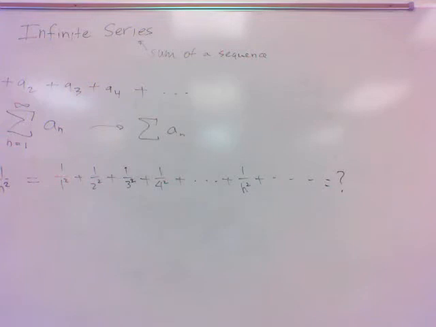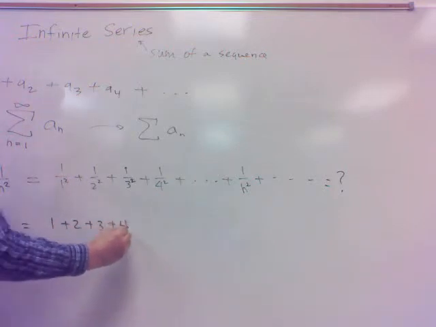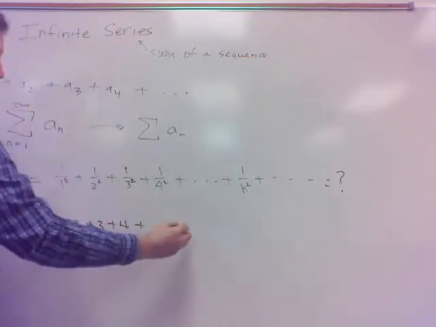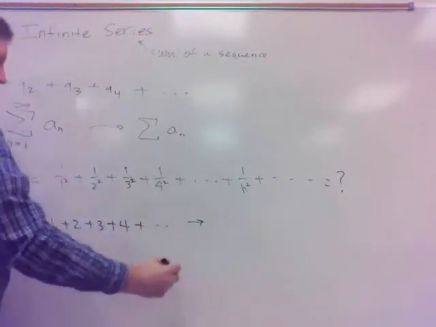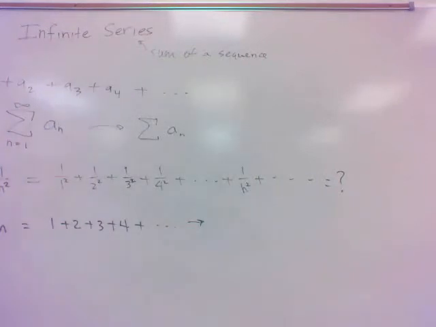Now, there are some obvious ones, like the sum of the n's. That's definitely not going to converge to a number, because that would be 1 plus 2 plus 3. Is that ever going to equal a number? No. That's just going to keep growing larger and larger and larger. So that one's not one of interest to us, other than to say that it diverges.